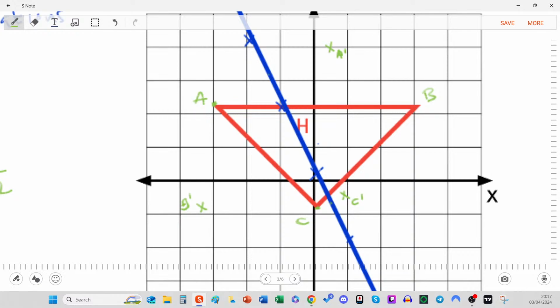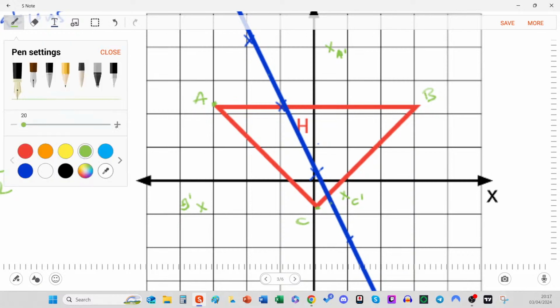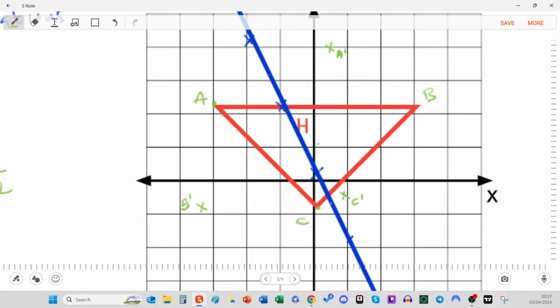Okay, so here we go. Green it is. Make it slightly larger so we can see it. And all of those primes go something like this. See my wonky lines, eh? There we go.